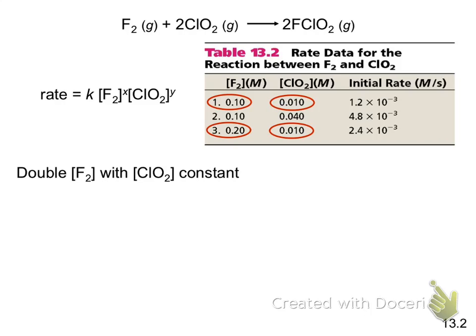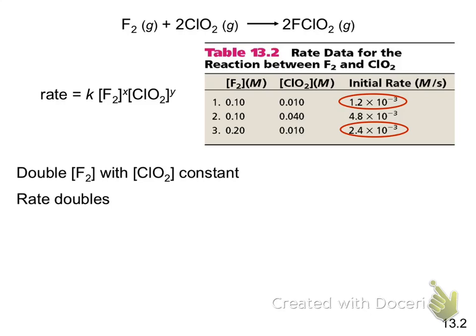If we double F2 from 0.1 molar to 0.2 molar, and we keep ClO2 constant, we want to know what happens to the initial rate. Well, it doubles. So it goes from 1.2 times 10 to the negative third to 2.4 times 10 to the negative third molar per second. So again, we went ahead and doubled F2, and that had the effect of doubling our initial rate.